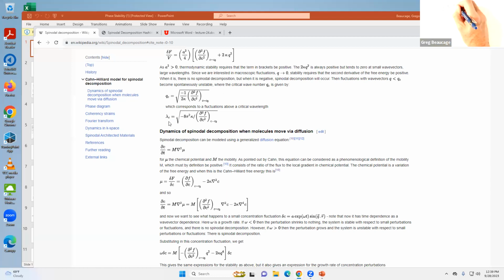Then you're going to add to that this idea that you have a gradient. So in spinodal you're going to have this uphill growth, right? So there's going to be this kind of gradient term that's adding to the free energy. In nucleation and growth, you have a nucleus, and then it depletes the concentration near the nucleus, and that drives transport towards the nucleus so it can grow the crystal, right?